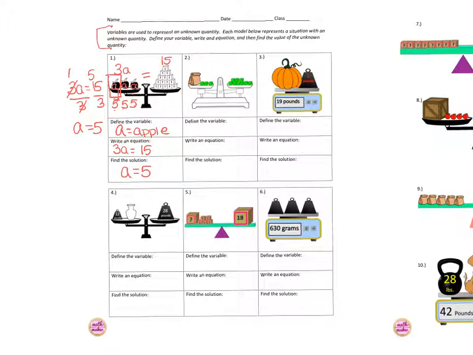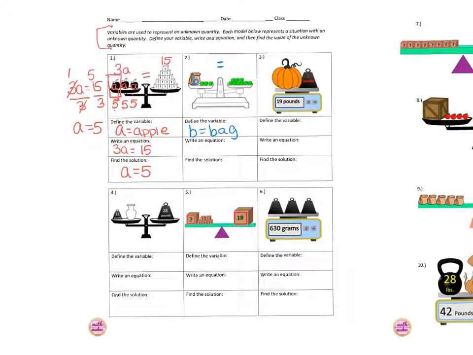Okay, if I look at number 2, on the left-hand side, I have a brown paper bag and then 3 units. And on the right-hand side, I have 9 units. So my variable is going to be my unknown quantity, which is B, the value of the bag. Okay, we know that the left-hand side and the right-hand side must be balanced here.